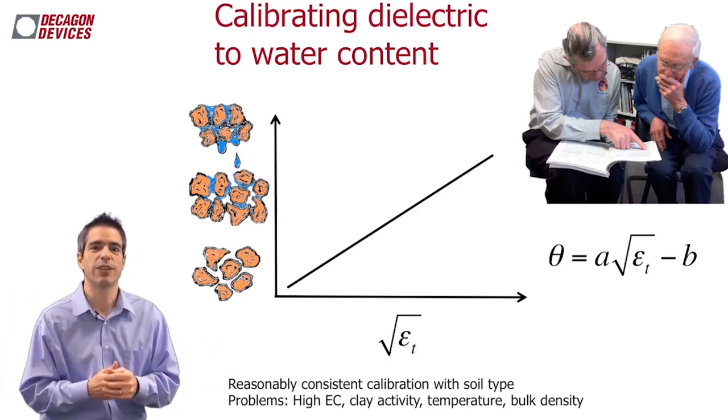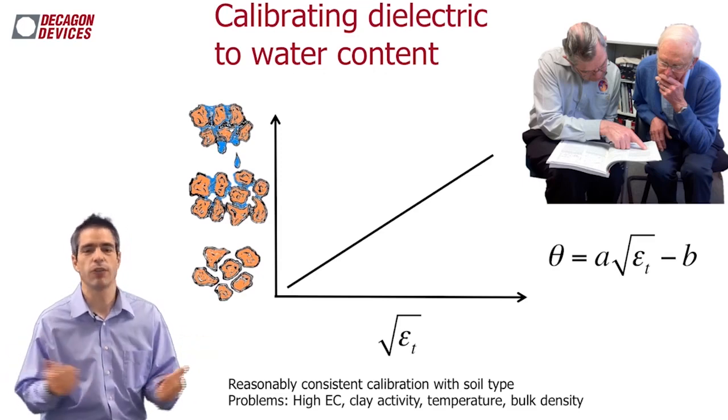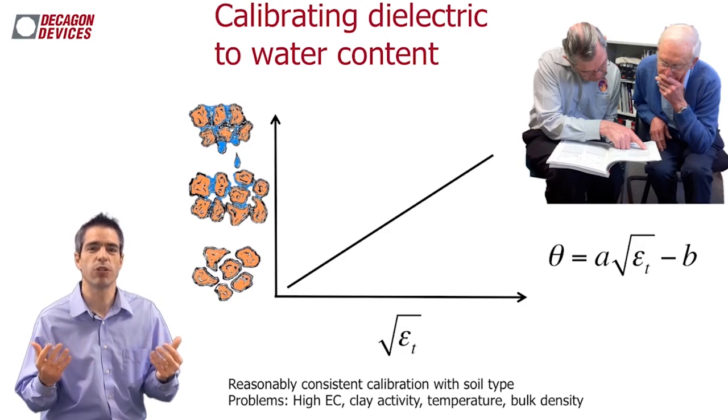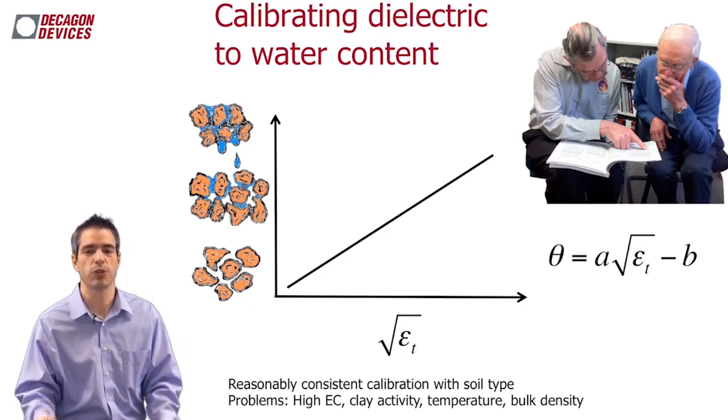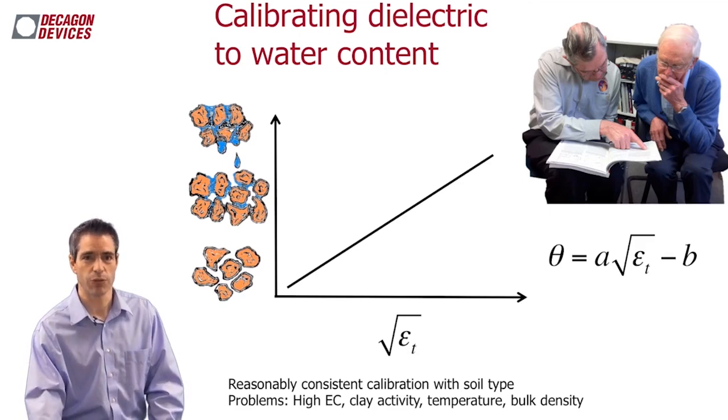And when we talked about this equation, he said, you know, over the years, I actually have tended to prefer just a square root equation, one that I'm showing on this side, to my original Topp equation. So when we've done these calibrations, we've tried to move in this direction and found a better fit.